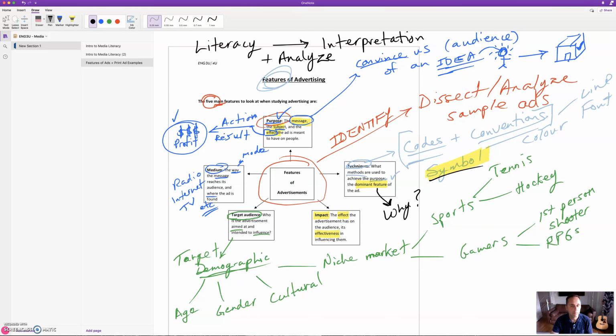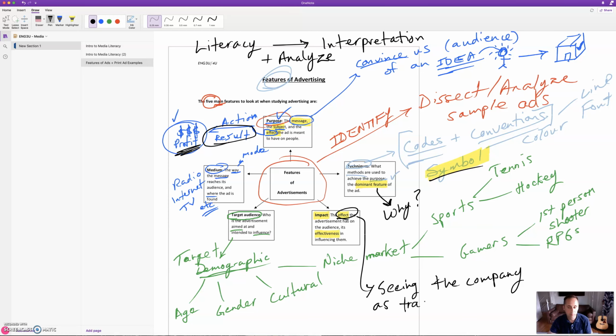So the effect, we notice here, is sometimes going to be just spending money. But let's go beyond that. You want the effect to be more along the lines of seeing the company as, let's say, maybe they're supporting some traditional values.